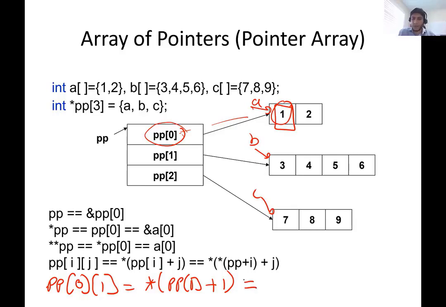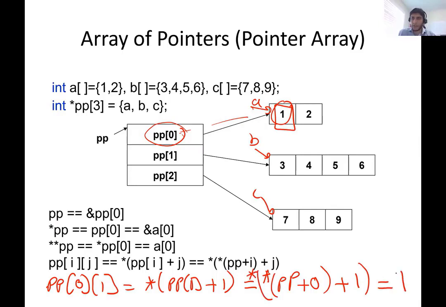Then this is also equivalent to saying, I know that BB is a double pointer. I'm adding to it i, in this case 0, dereference it, which gives me B0, add 1 to it, and then do the dereferencing. All of this is going to give you 1.